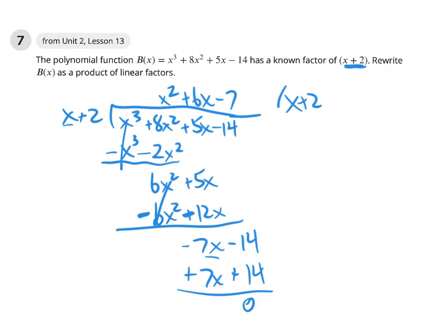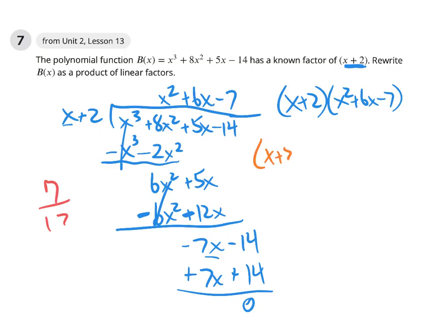X plus 2, and x squared plus 6x minus 7. The factors of 7: let's do this over here. The factors of 7 are 1 and 7. These are the only numbers, so this is easy. So now all three factors become x plus 2, x 1, x 7.